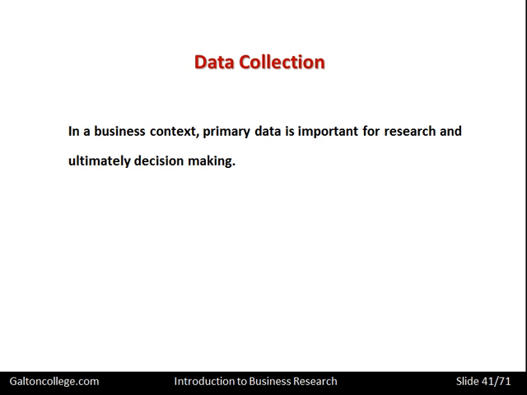Now, for data collection, in a business context, primary data is important for research and ultimately decision making. You see, the competitors will all have access to the same secondary data.